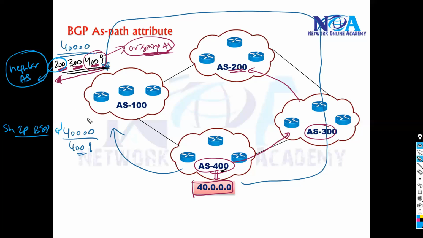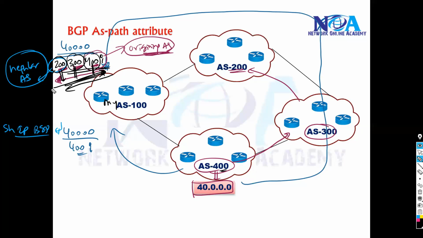Meaning if you want to see how from my AS to go to the 40.net network, if you see front to back, first you have to go to 200, then 300, and then 400. That is your destination. If you want to see how I'm receiving the route, then you see back to front. It's originating from 400, then goes to 300, and then 200, which is my neighbor AS.